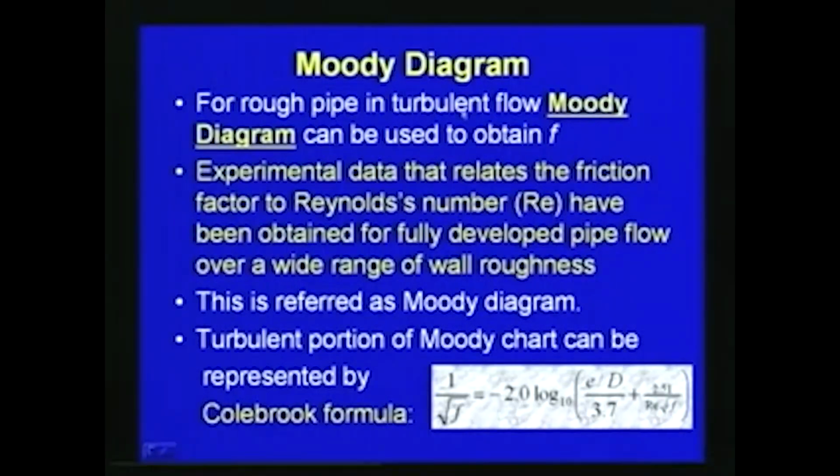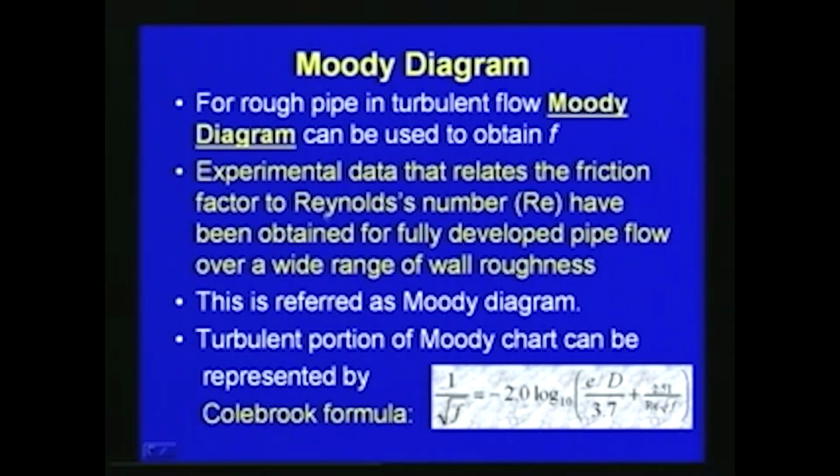This Moody diagram is used for rough pipes in turbulent flow condition. We use the Moody diagram to obtain the friction factor F. It is obtained through experimental data that relates the friction factor to Reynolds number, for fully developed pipe flow over a wide range of wall roughness.